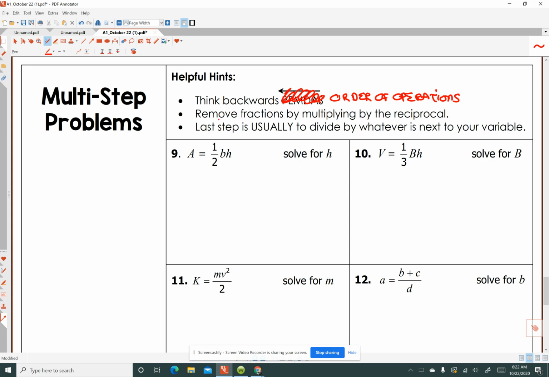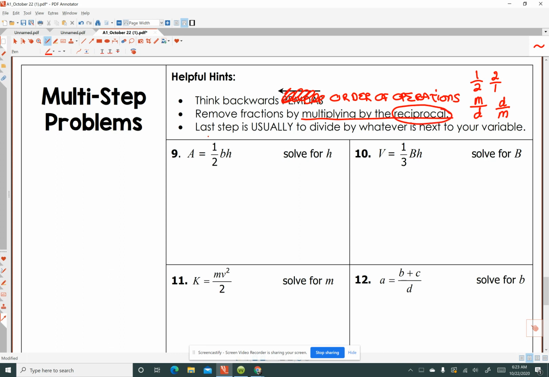To remove a fraction, we multiply by the reciprocal, the inverse. So the inverse of 1/2 is 2 over 1. The inverse of M over D would be D over M. These are not equal, they're inverses or reciprocals here.